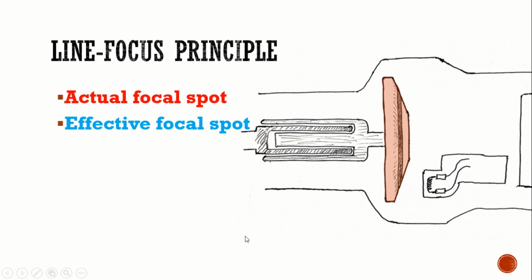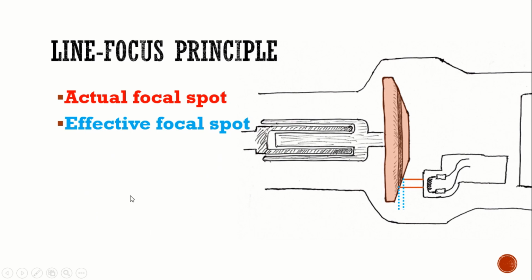So what is the actual focal spot? Your actual focal spot is the actual area of the target being bombarded with electrons. That is the actual focal spot, which is larger than the effective focal spot.